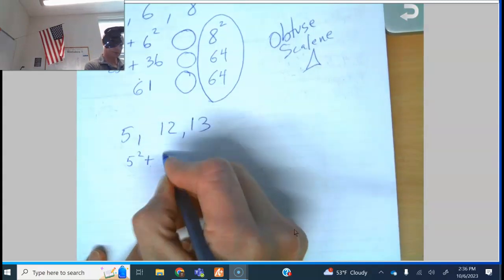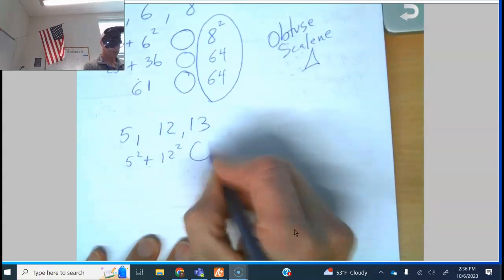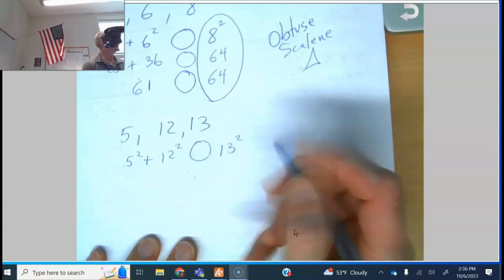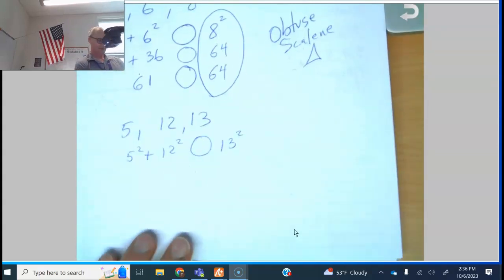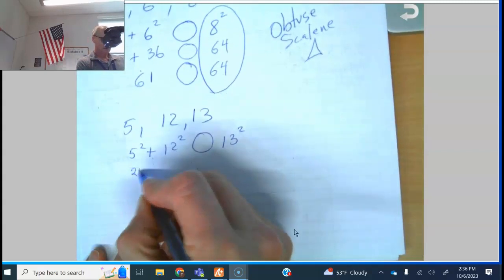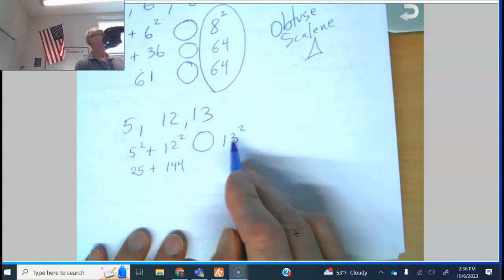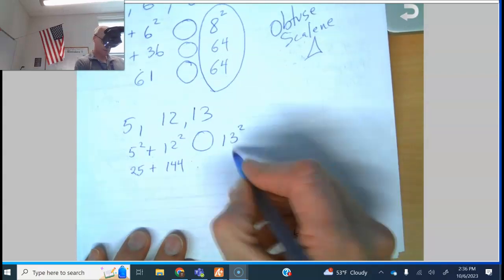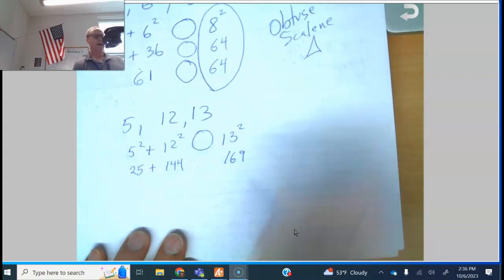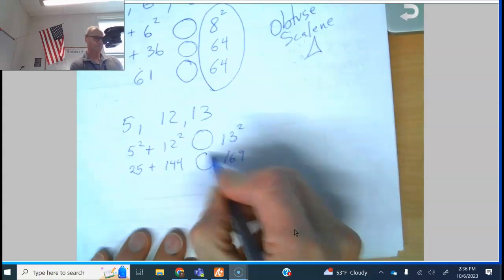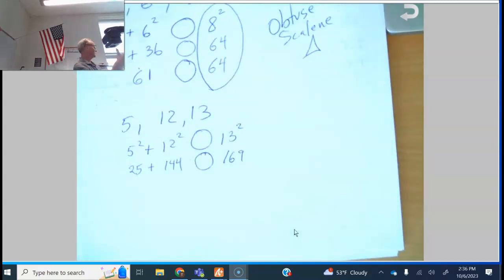What's 12 squared? 144. 13 squared. That's the 169 over here. How did they compare? Just right, yeah? Just right. This is a right triangle.